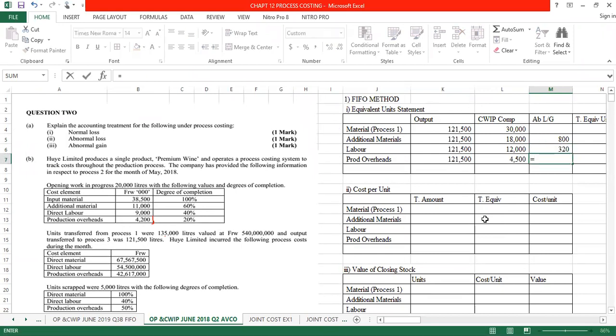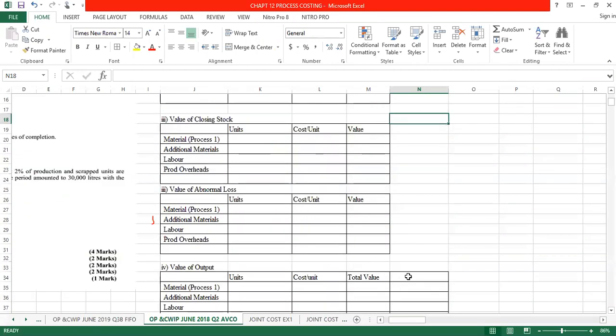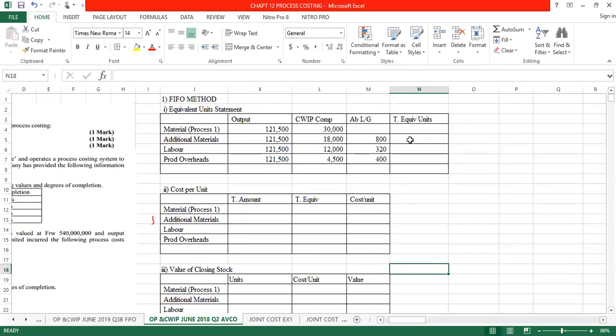Here it is 50% times 800. The scrapped units are actual losses. Actual losses are not shown in the process account. Of course, this percentage is not given, so it is 800.